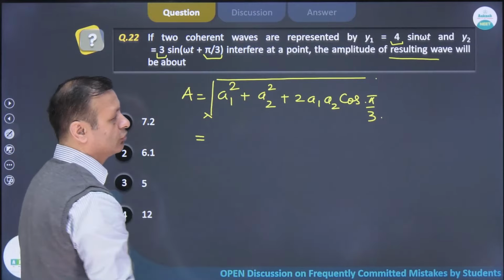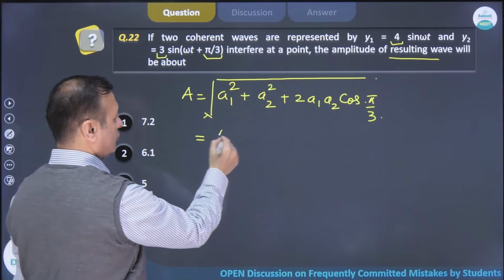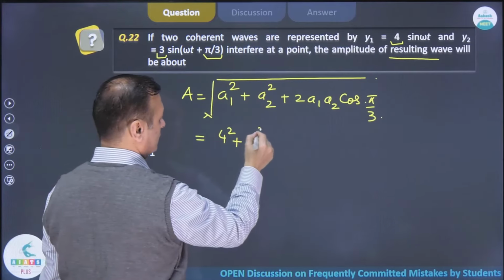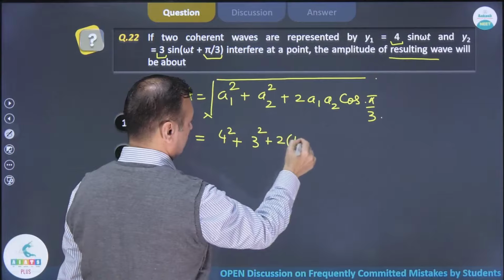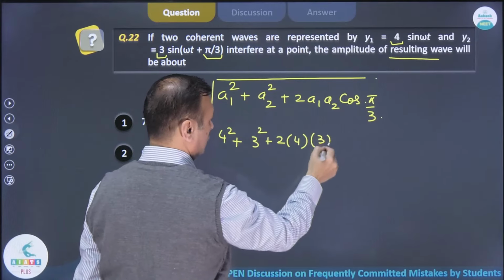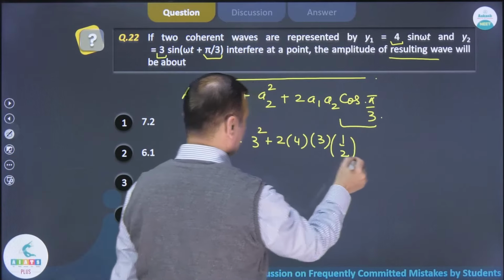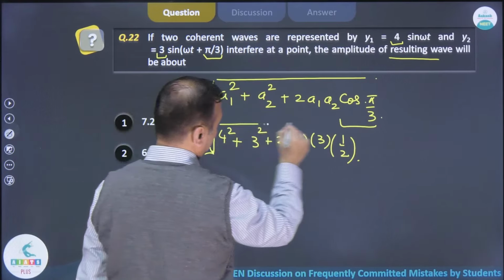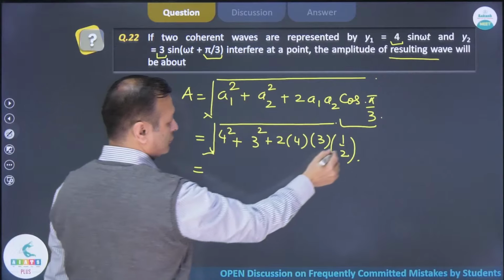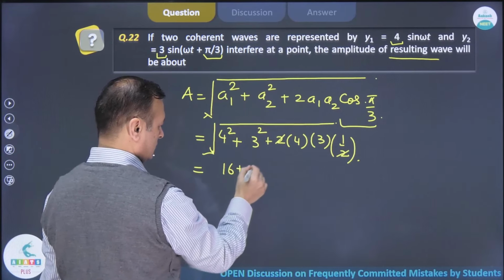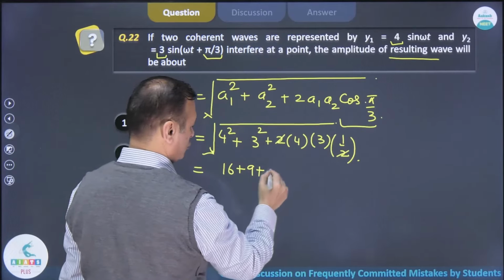So what is the amplitude of the first wave? That is 4. What is the amplitude of the second wave? That is 3. Cos pi by 3 is 1 by 2 only. So this 2 goes with this. So 16 plus 9 plus 12.